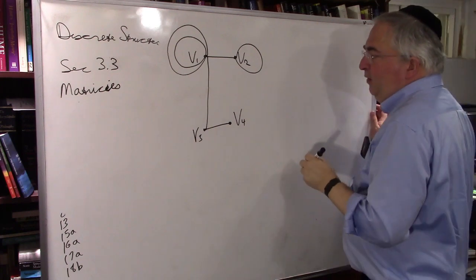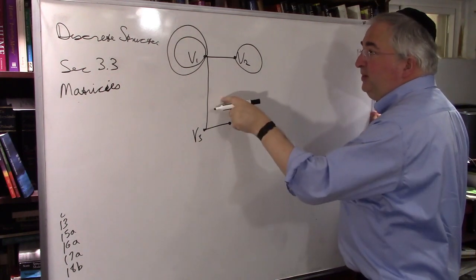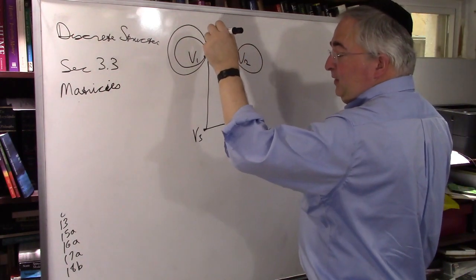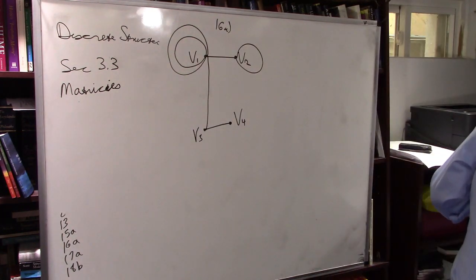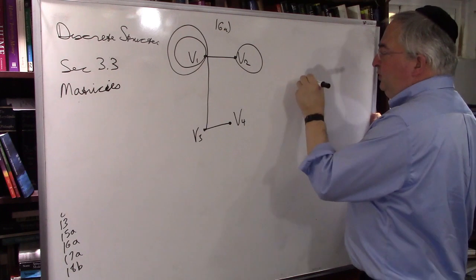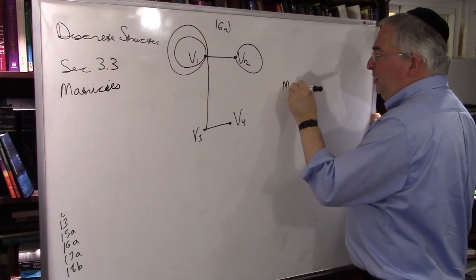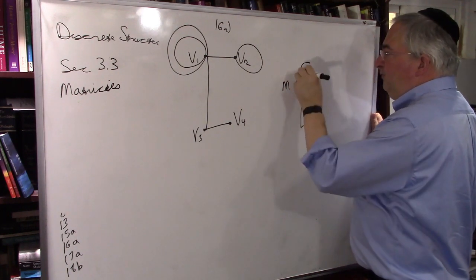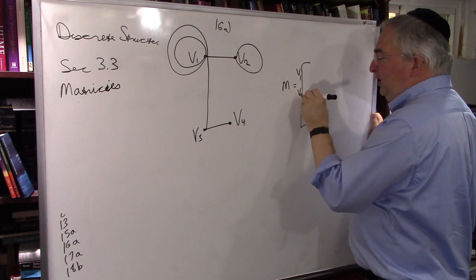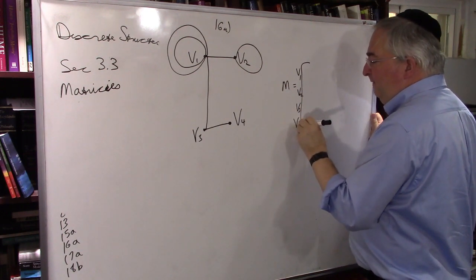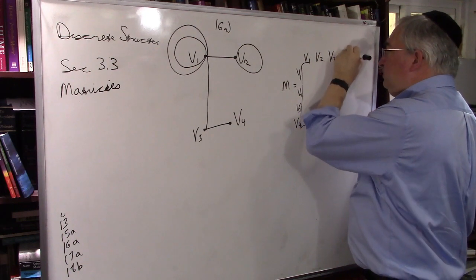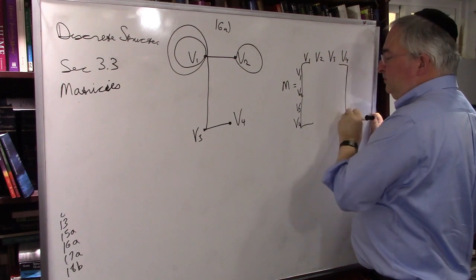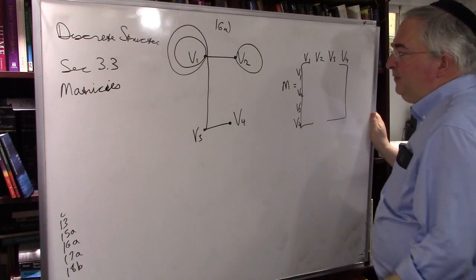Okay? Now, what matrix corresponds to this? This is 16A. What matrix corresponds to this? Well, let's do it like this. M is the matrix. It's going to be a 4 by 4 matrix. I'm going to write it like this. Okay.